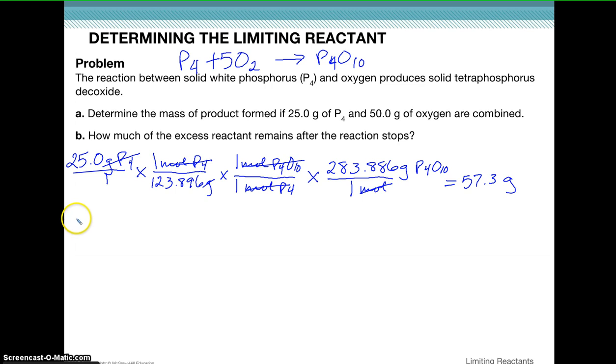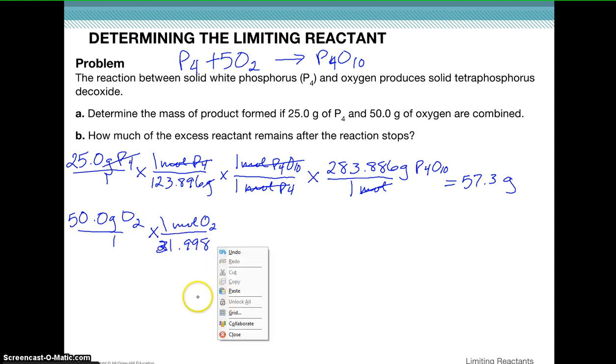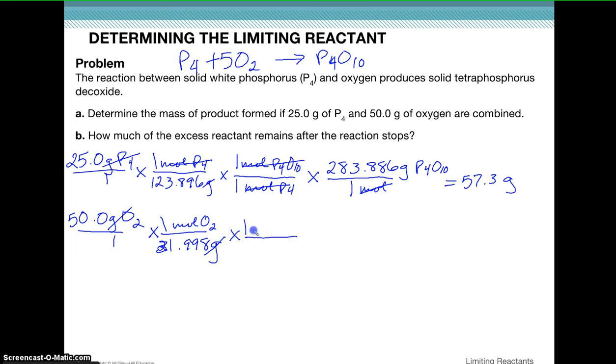Okay, now we need to check the other reactant. So 50.0 grams of oxygen gas. Convert it to moles. The molar mass of oxygen gas is 31.998 grams per mole. We want to figure out product on the top, oxygen on the bottom.